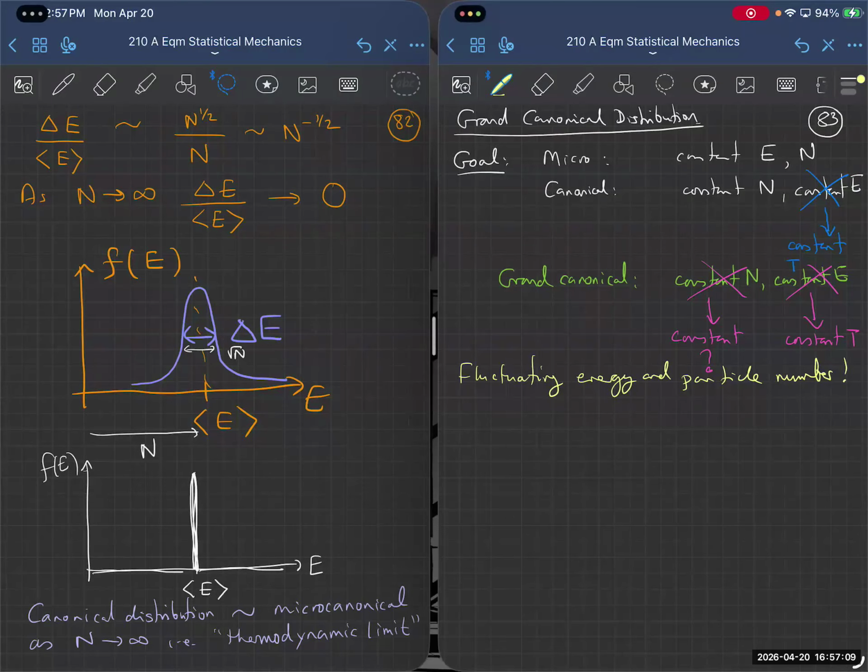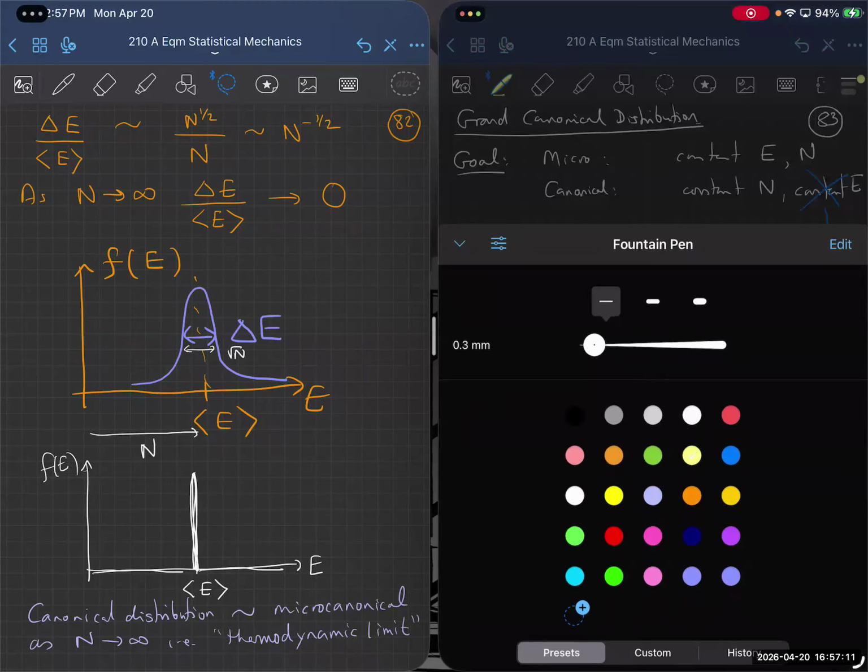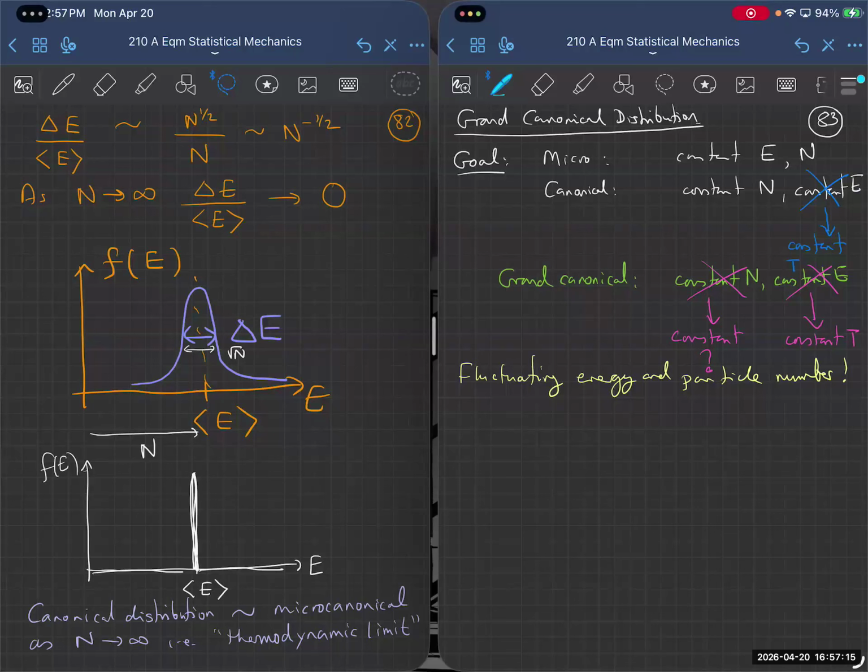You might say, okay, that sounds really weird, because it was hard enough for us to believe that you can do the canonical distribution at constant temperature, and we had to do some work to make sure that it really gave the same result as the microcanonical, the constant energy setup that we were used to. Now we're going to make the particle numbers fluctuate as well. What the heck does that mean? How can that possibly happen? There's not people going around abducting atoms from your physical system or things like that.